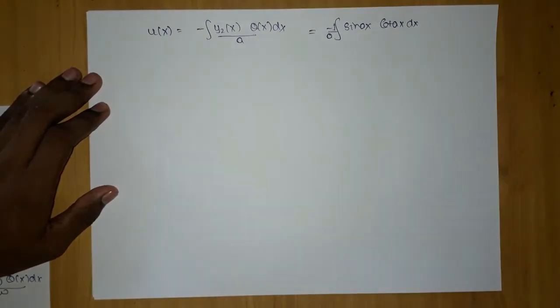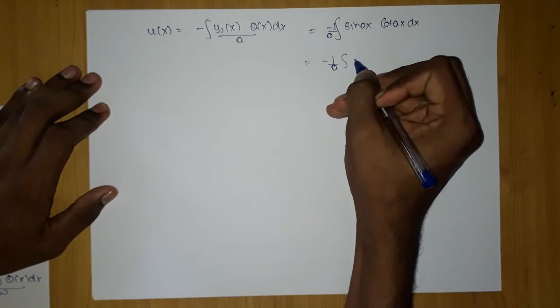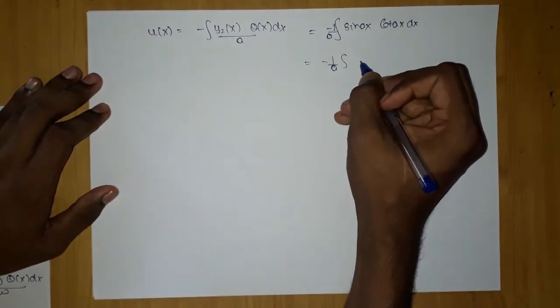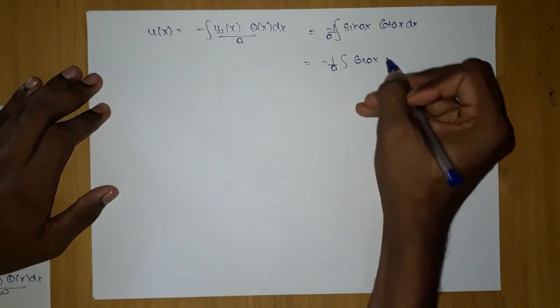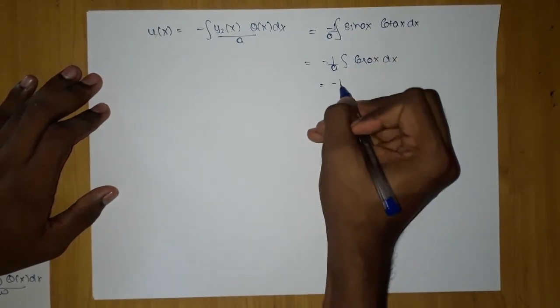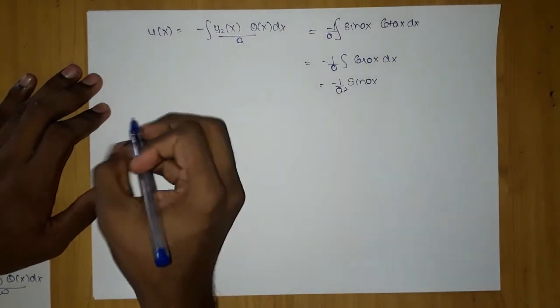We can write cot as cos by sin, so sin will get cancelled out, and we are left with only the integral of cos ax dx, which will be nothing but minus 1 by a square into sin ax. So we got u of x.